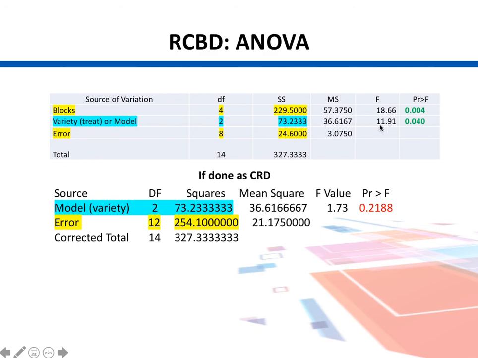Since the error term is reduced, the F test gives us significant results, and we are able to find out and extract the effect of the treatments here.